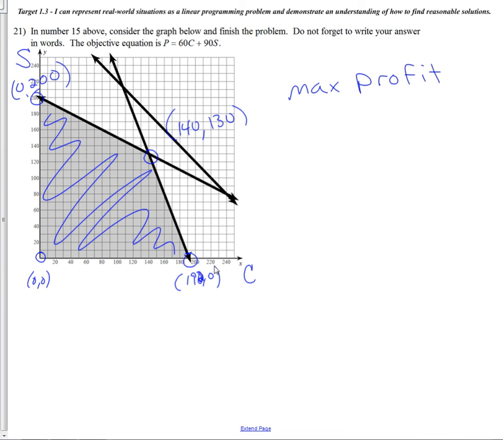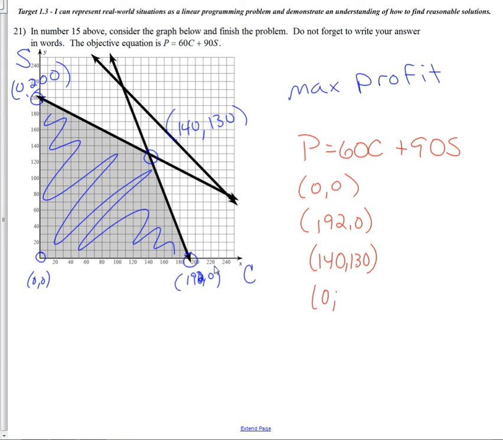Okay, now we're going to use those coordinates and test them in the profit equation. So remember, the profit equation is 60C plus 90S, and we have 0 and 0, 192 and 0, 140 and 130, and 0 and 200.